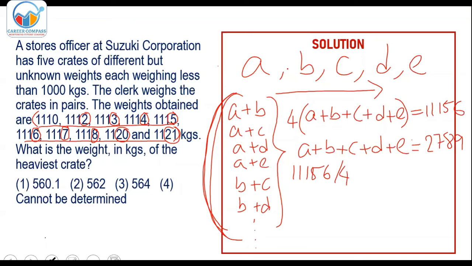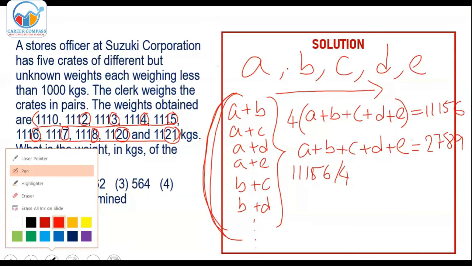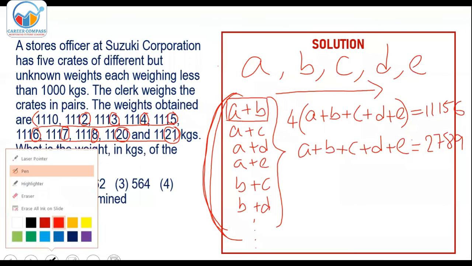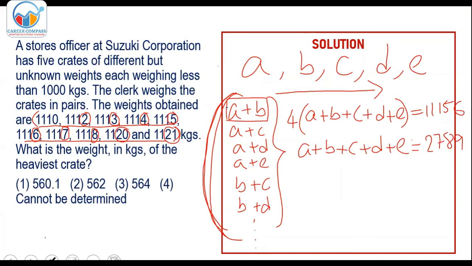Now see, if I look at A plus B, can you tell me what is A plus B? A plus B means the least of the weights. So don't you think A plus B will be equal to 1110 because that is the least of the numbers? Similarly, what about D plus E?